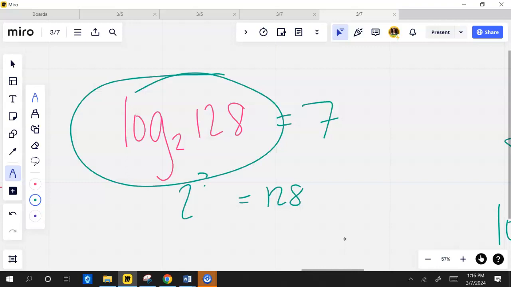Try it with ln now. Do ln 128 divided by ln 2. You could do any base in the whole world and it works. You just did a base of 10 and a base of e and they both work.